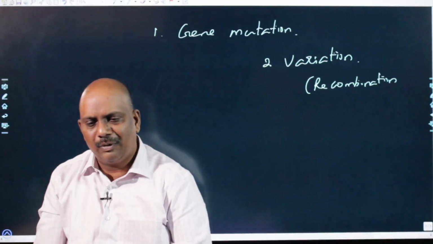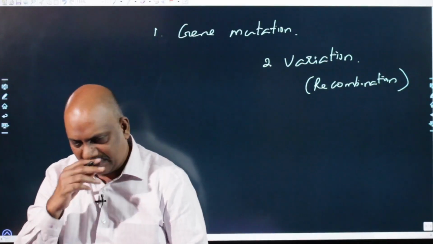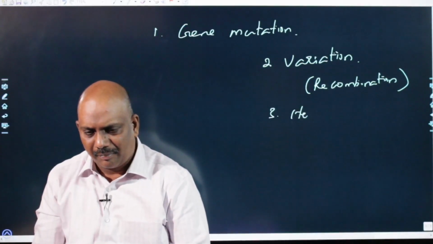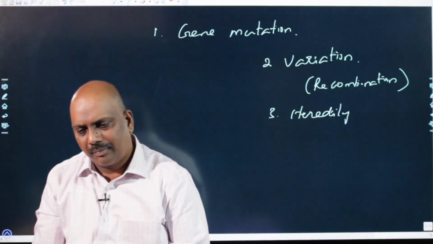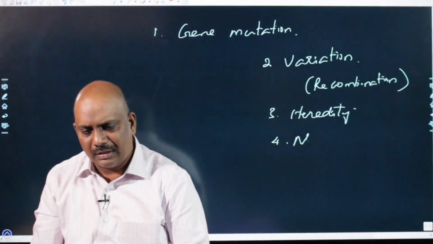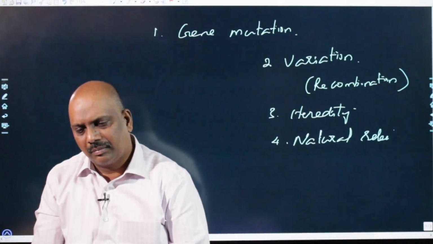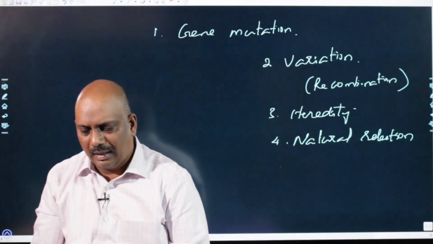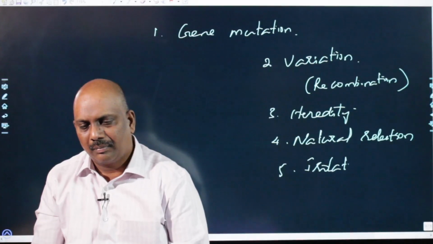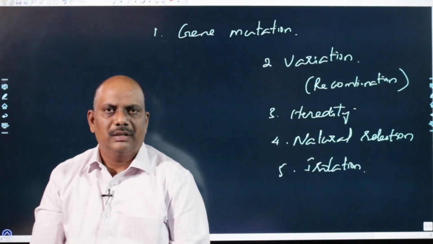I will explain what variation and recombination are. Then heredity. Fourth one is natural selection. And fifth one, isolation.